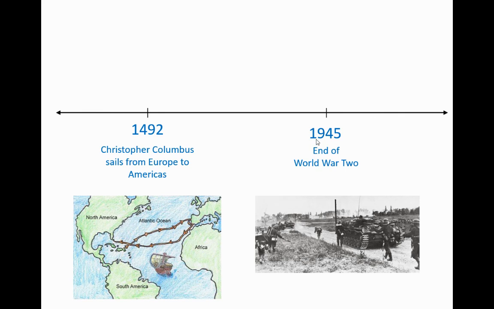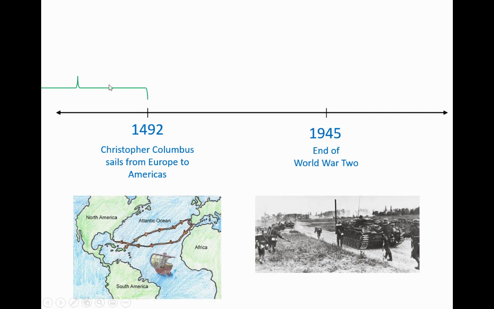World War II comes to an end, and the countries who were the winners of World War II, they sort of created a new world order. And it led to a lot more globalization, a lot more free trade, a lot more travel between countries. So that accelerates globalization.